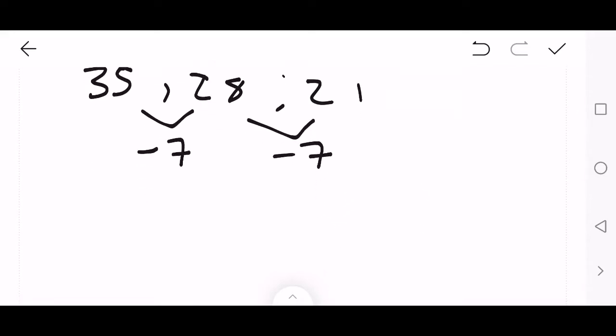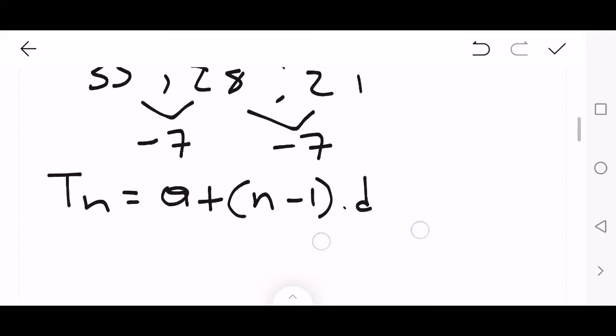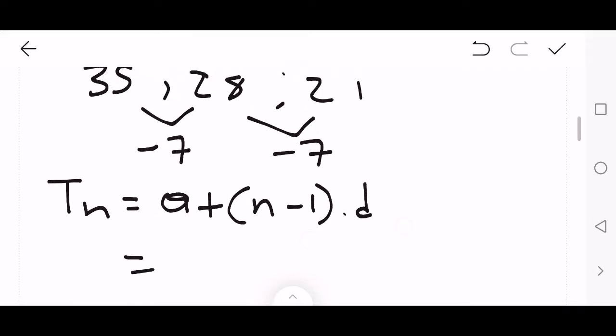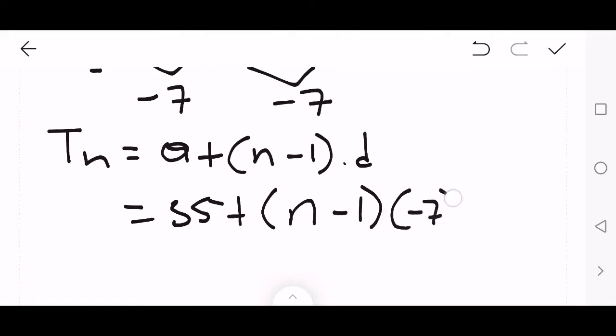So the general formula for an arithmetic sequence is Tn equals a plus n minus 1, all multiplied by the common difference. So a represents the first value, which is 35. So that's 35 plus n minus 1 multiplied by negative 7.